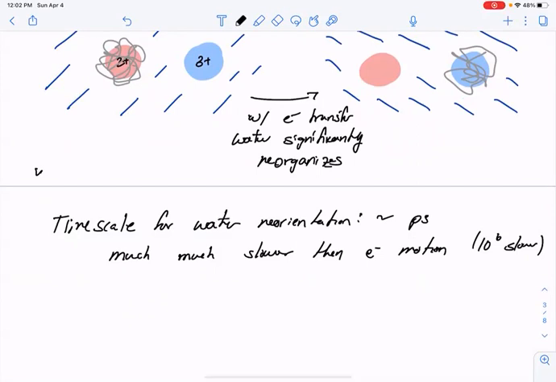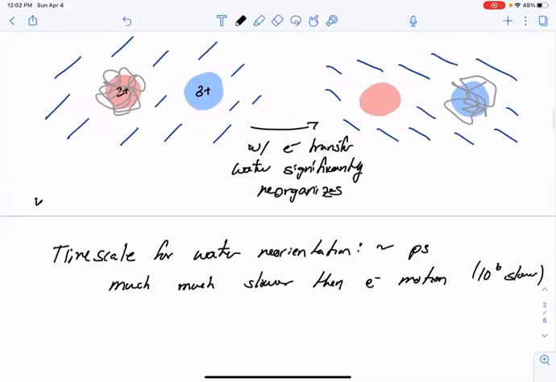In such a case where motion occurs on two very different sorts of timescales, if the electron were to be transferred from one side to the other, there's an accompanying solvation energy. So there's a change of energy, at least at long times after that relaxation event would occur.